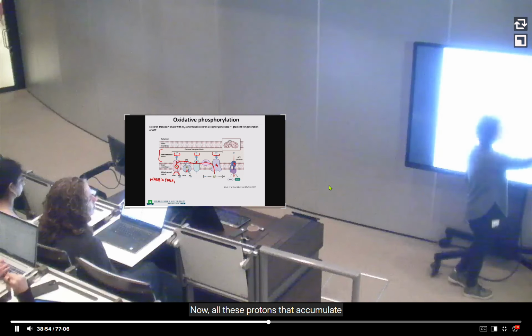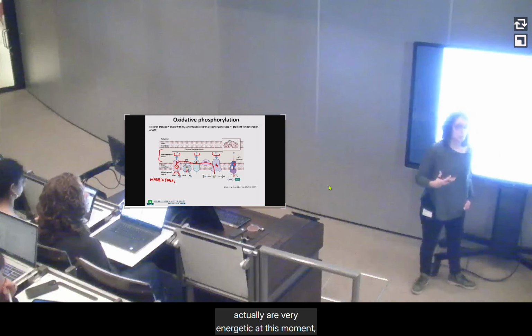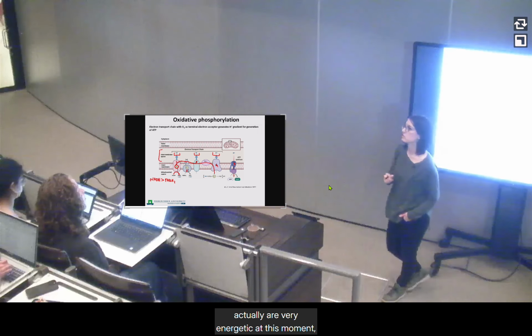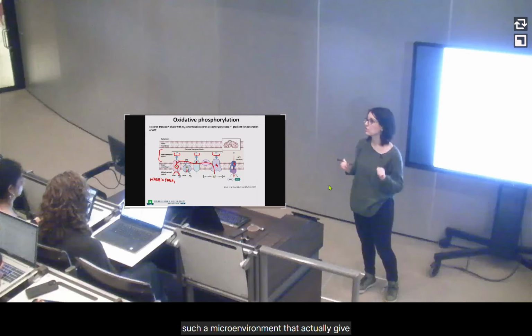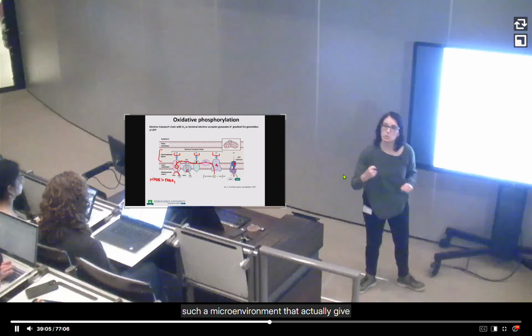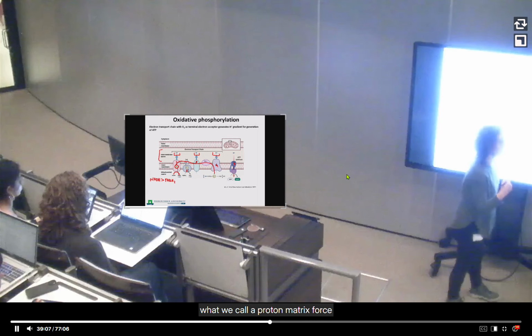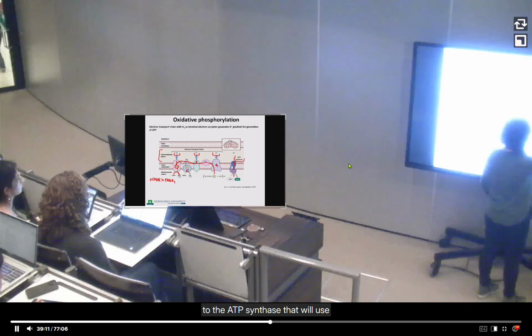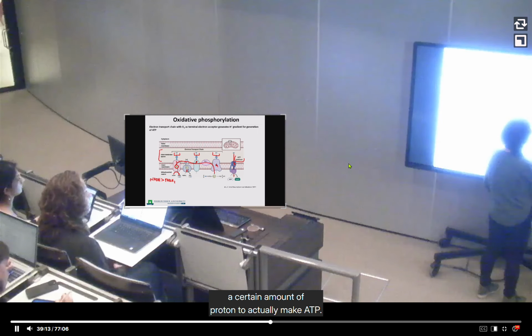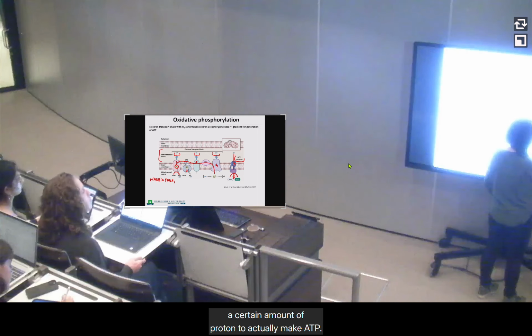Now, all these protons that accumulate actually are very energetic at this moment, but it's not the proton itself. It's the fact they are accumulating in such a microenvironment that actually give what we call a proton motive force to the ATP synthase that will use a certain amount of proton to actually make ATP.